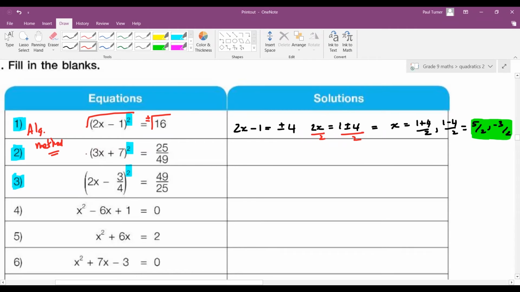So you should take the square root of both sides as before. So you'll get 3x plus 7 is plus or minus the square root of 25 on 49, which is 5 on 7. So 3x equals minus 7 plus or minus 5 on 7, and then divide that by 3.